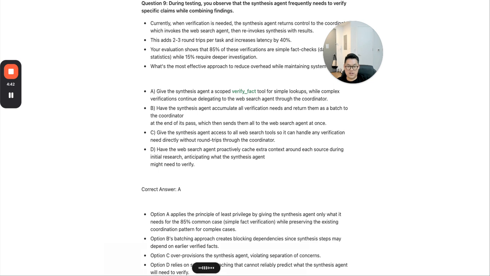I'm also going to need additional definition for answer D. Web search agent proactively cache extra content. What do we mean by cache extra content?